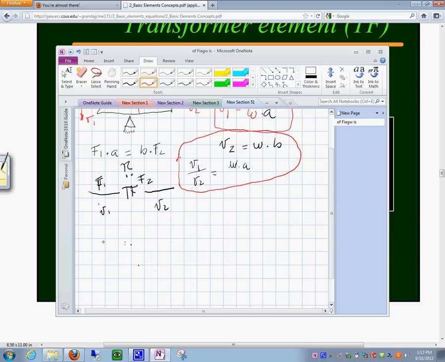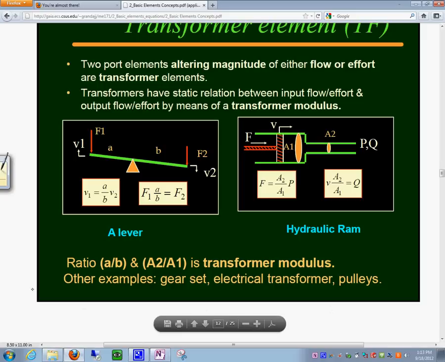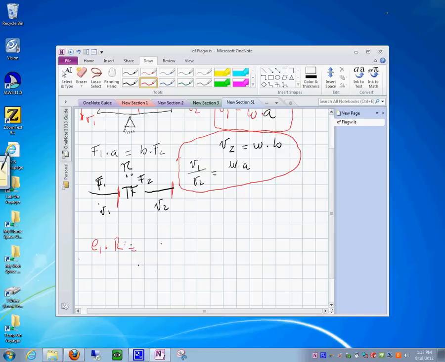You write the equation: if you connect this like this, you have that e1 times the modulus R is equal to e2. Ah, the distance R is A, really. So e1 times R is equal to e2.